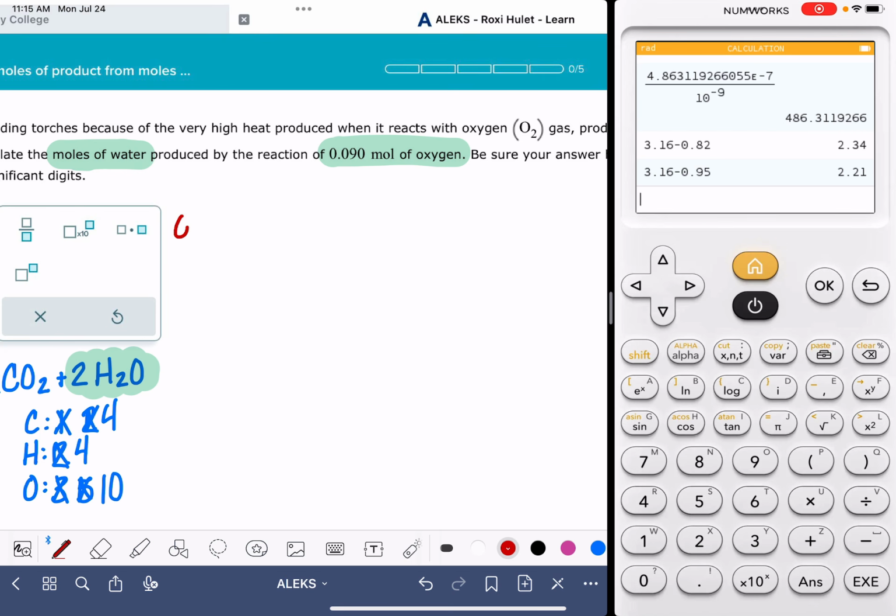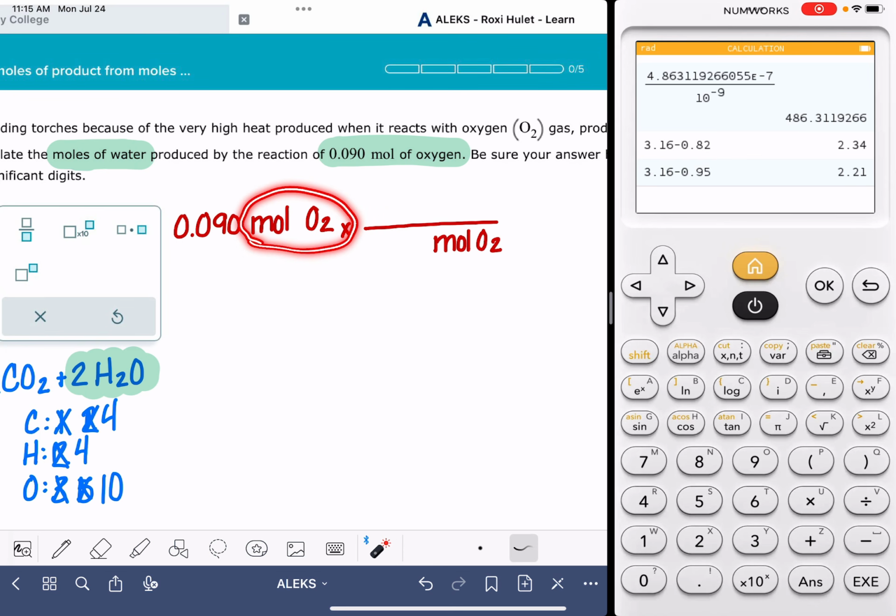So I'm going to start by writing the quantity, 0.090, and also the unit that ALEKS provided to me. I'm just going to copy this down, and then multiply it by a conversion factor. Again, I'm treating this the same way I would treat a kilogram to gram conversion. I want my unwanted unit on the bottom of my conversion factor so that it cancels out. My unwanted unit is the moles of O2.